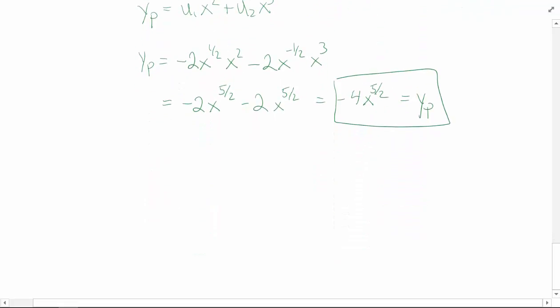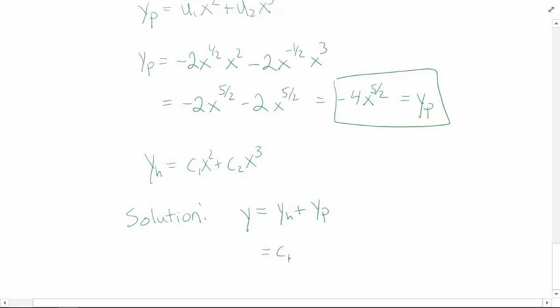I already had my homogeneous solution, which as a reminder was c1 x squared plus c2 x cubed. So my overall solution to that DE, y, is always equal to the homogeneous plus the particular.